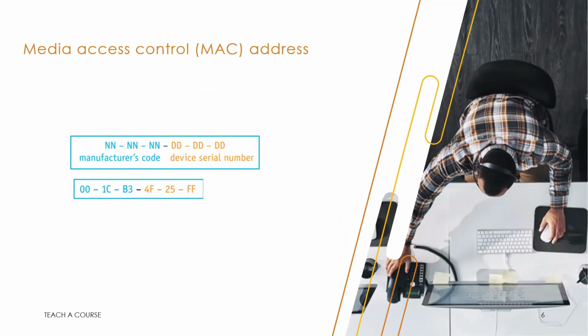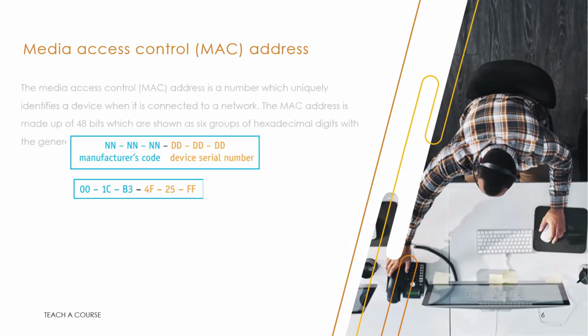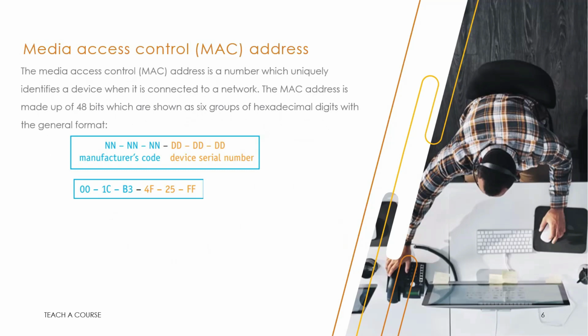So here is the media access control address. It is a 48-bit number, divided in groups of 6, and it's a hexadecimal value. Hexadecimal meaning it's base 16. As decimals are base 10 and binary is base 2, the MAC address uses hexadecimal values, which are base 16.